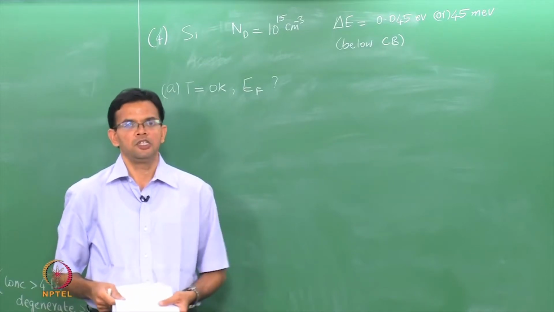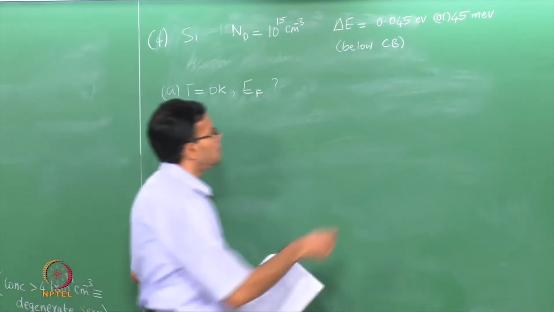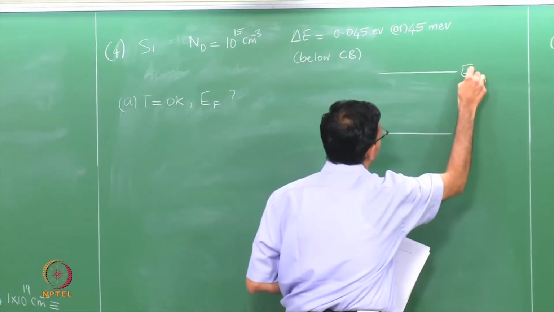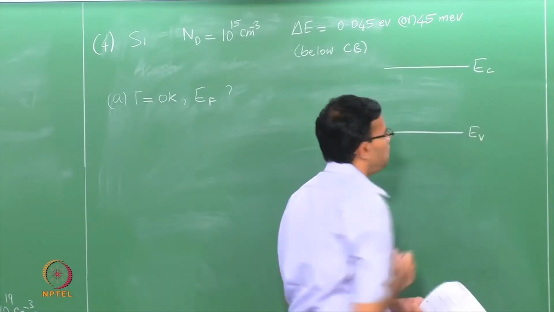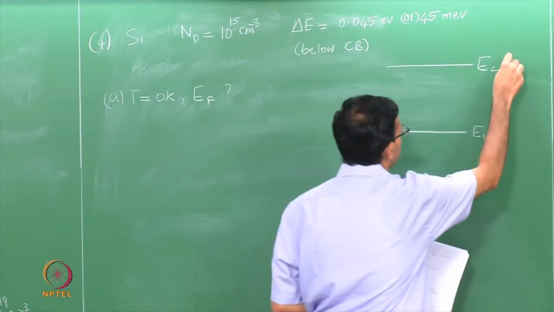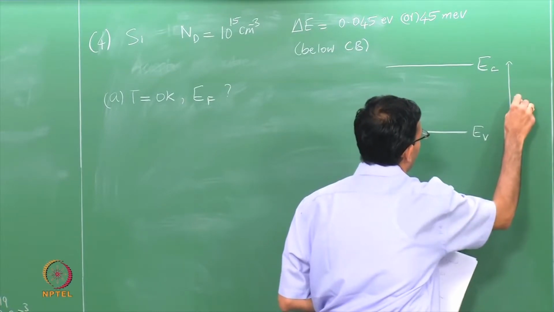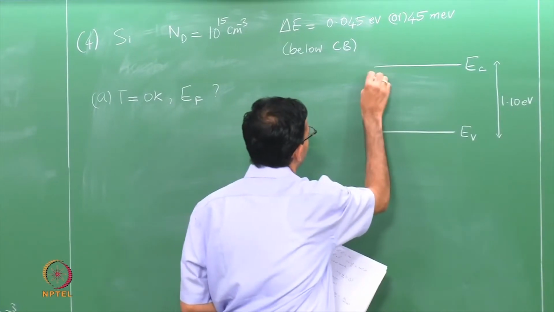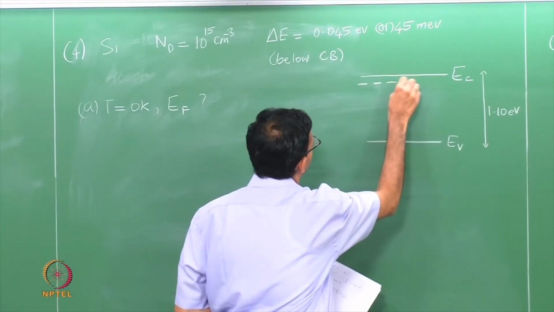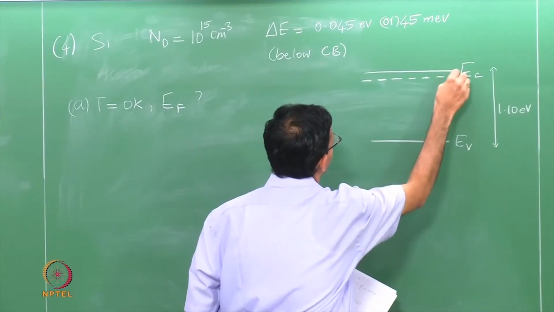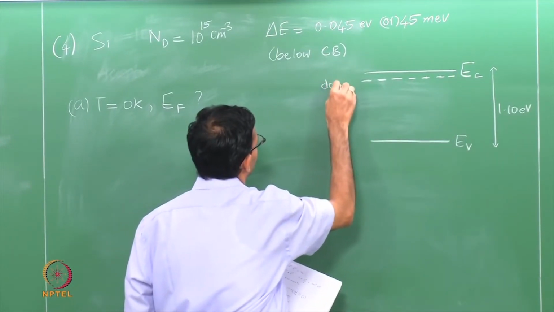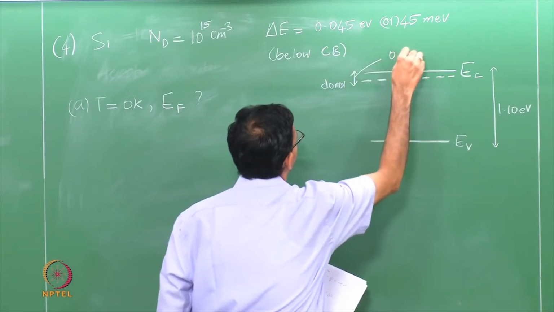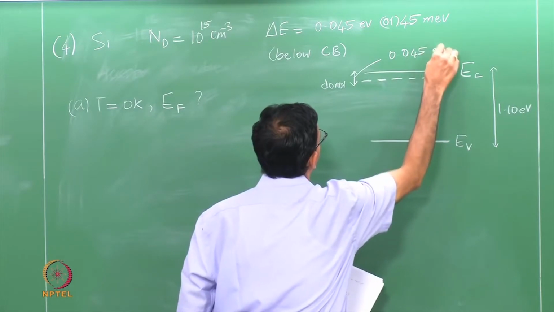At low temperatures, if you think about the model, let me draw a schematic of the band diagram. This is EC, this is EV, the material is silicon. Your band gap is typically 1.10 electron volts. We have a donor level that is very close to the conduction band edge, and this energy is 0.045 eV.